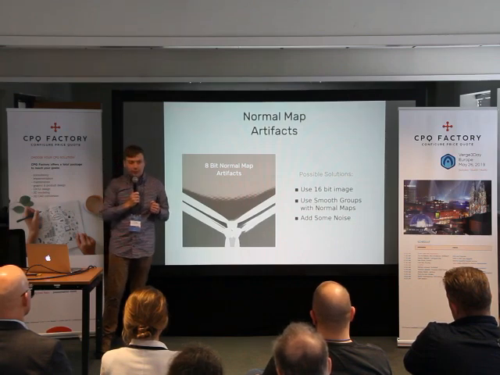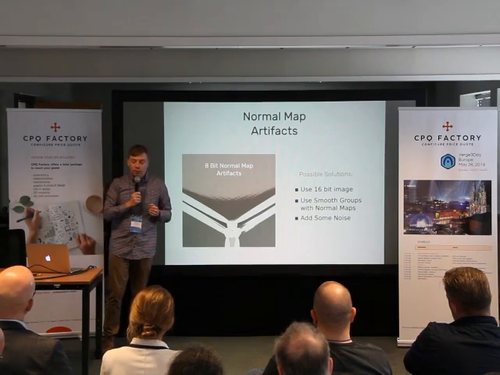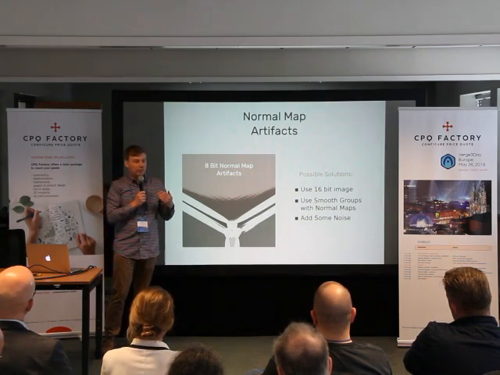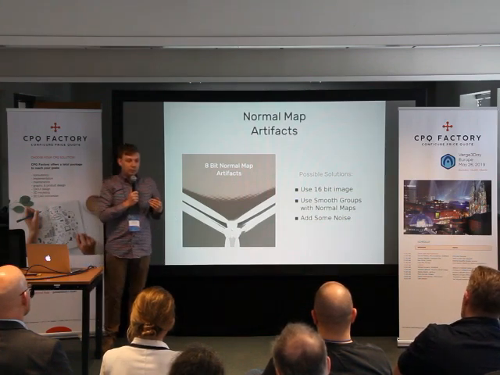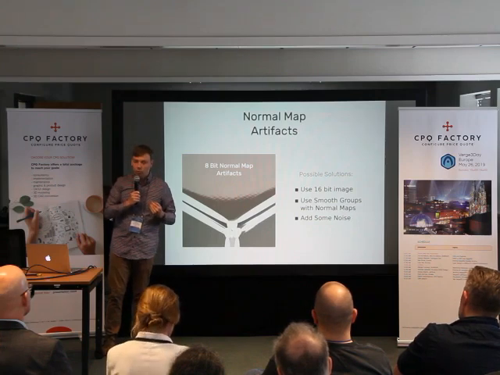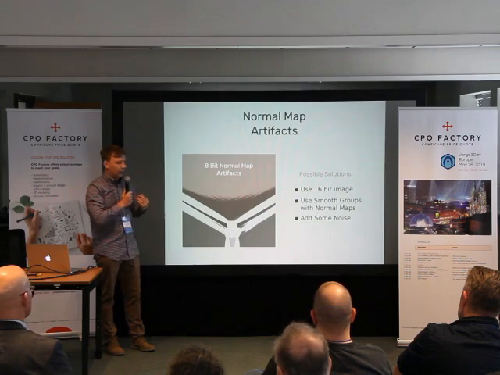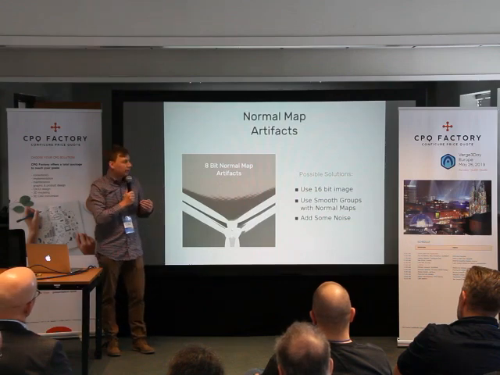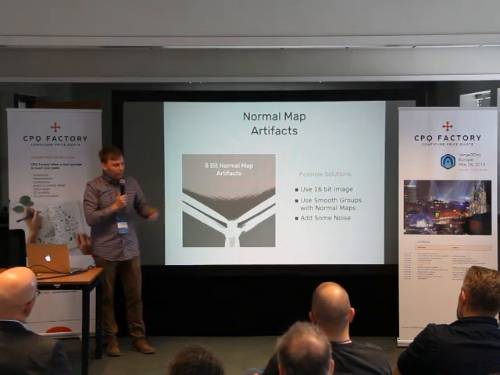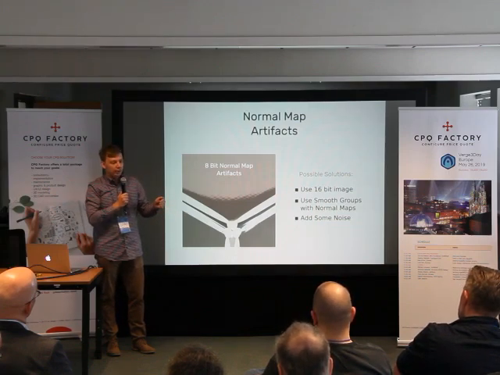First is to use a 16-bit image, but it will increase the weight of your image extremely, so it's not an optimization at all. The second one is to use smooth groups with normal maps when you bake from high poly to low poly. This method is usually used by game developers, but it's fine when you are moving through a level where there are a lot of different objects with not so detailed parts.